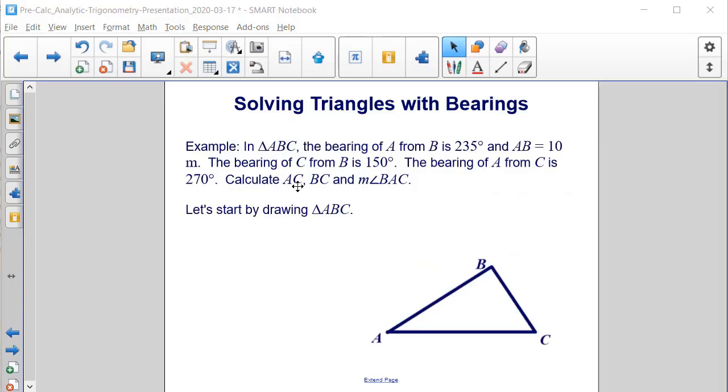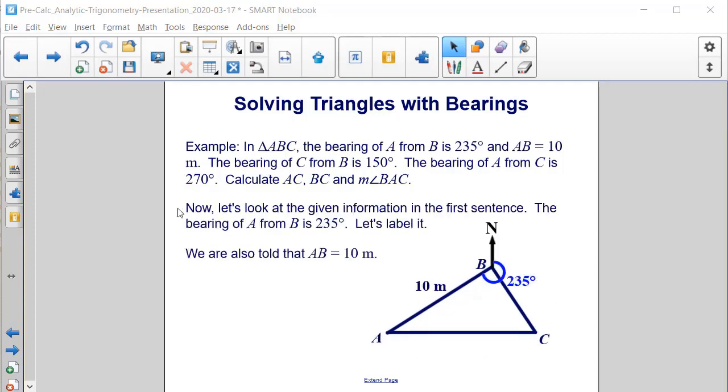Let's try breaking this word problem down one sentence at a time in order to determine the calculations that we need to make. So let's start by drawing any triangle ABC. Now let's look at the given information in the first sentence.